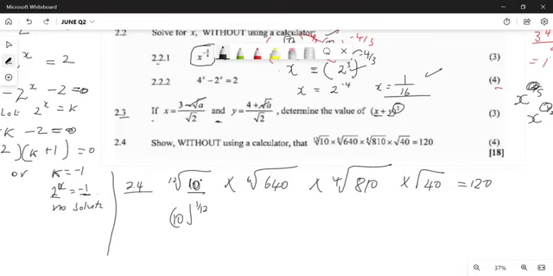And then I will do the same for the rest, which is going to be multiplied by 640 to the power 1 over 6, multiplied by 810 to the power 1 over 4, times 40 to the power 1 over 2.